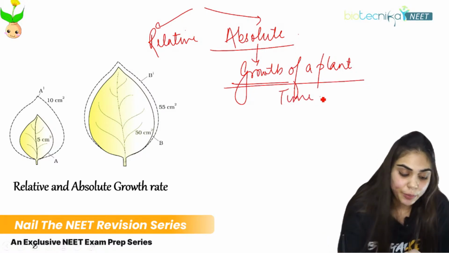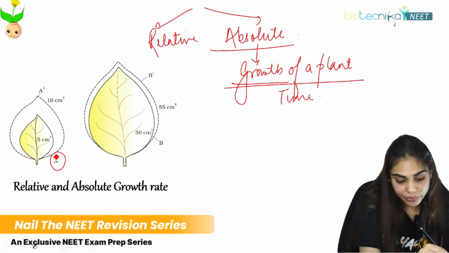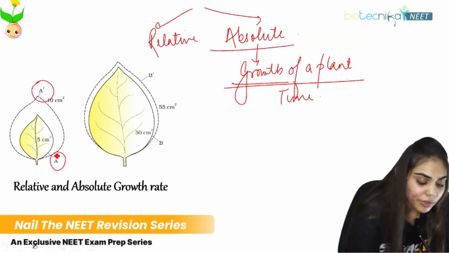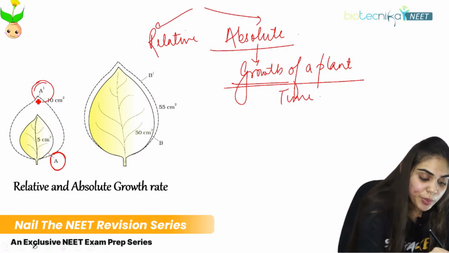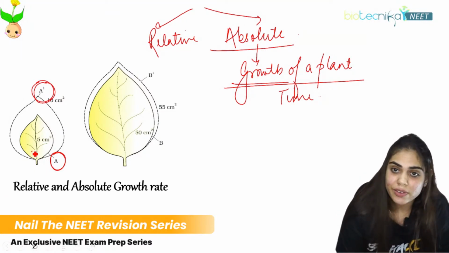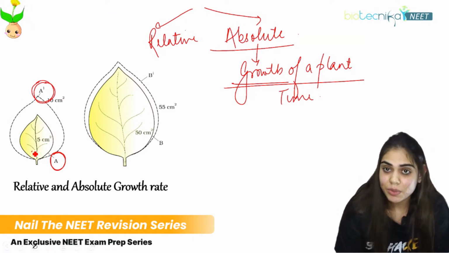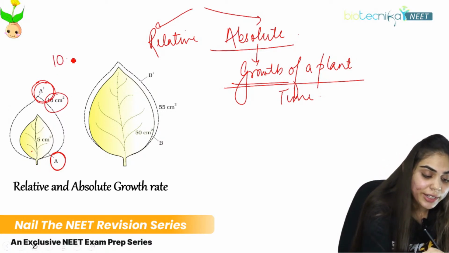How can we see this here? You can see a leaf A is given here and the leaf A dash. This leaf is expanding, gaining its size and becoming A dash. Firstly, it had a surface area of 5 centimeters square, but after some time it has become 10 centimeters square. So you just subtract the initial value from the final value, and you get 5 centimeters square.